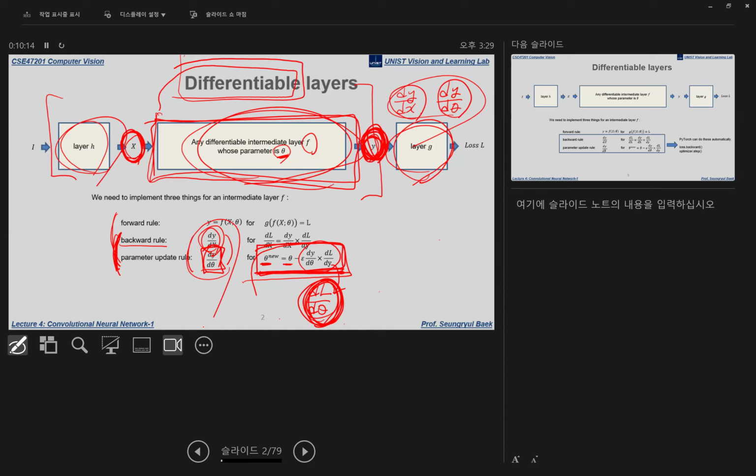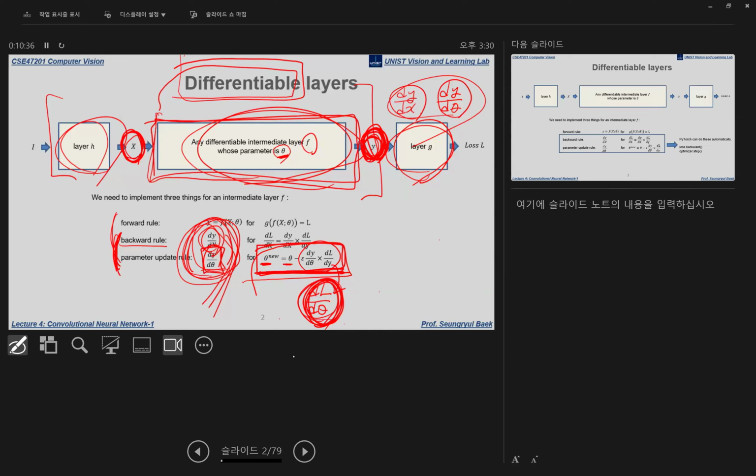So if you stack differentiable layers multiple times, and the individual layers have these two gradients, the entire deep network can have these two gradients.